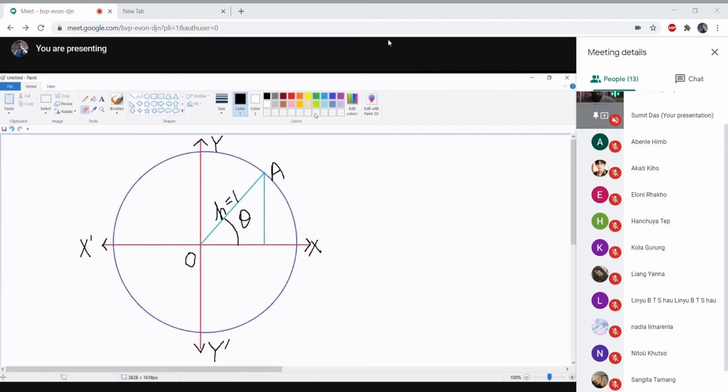Suppose this OA is rotating from here. This is like a clock. Suppose a clock hand is going anti-clockwise, and this length is coming here.